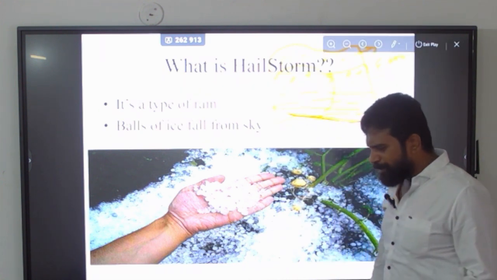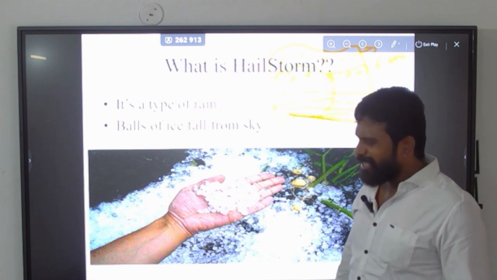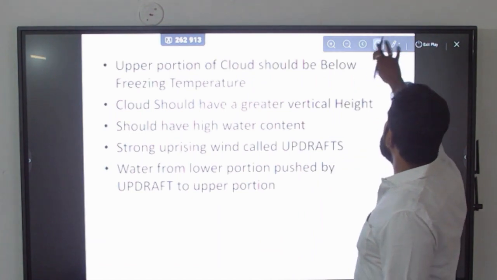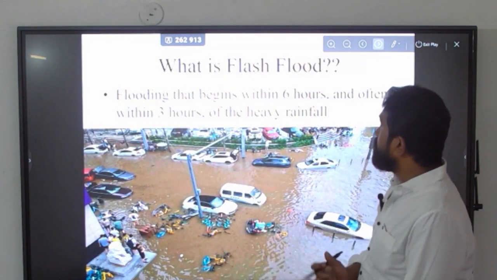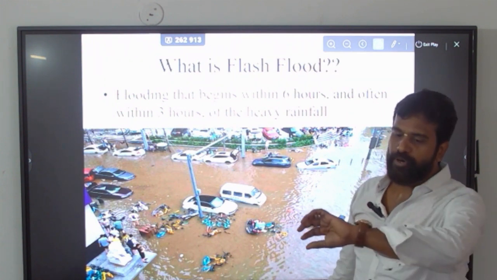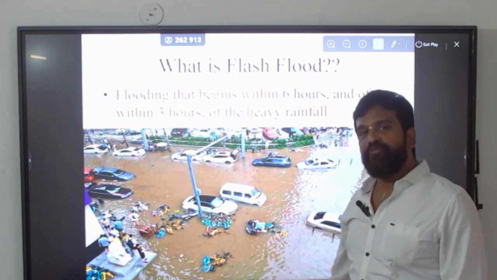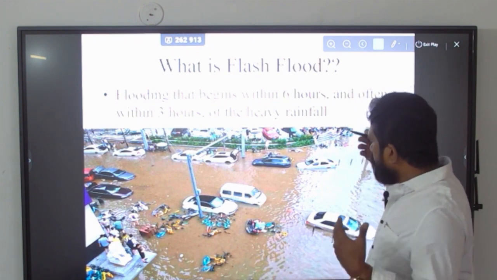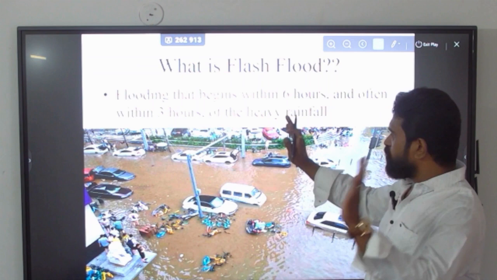Hailstorm will not happen regularly. Sometimes you will get this hailstorm. Now let's see this flash flood. What is called a flash flood? You see, in a city of metros and all, suddenly if a rainfall comes, now what happened, the whole city will become flooded.